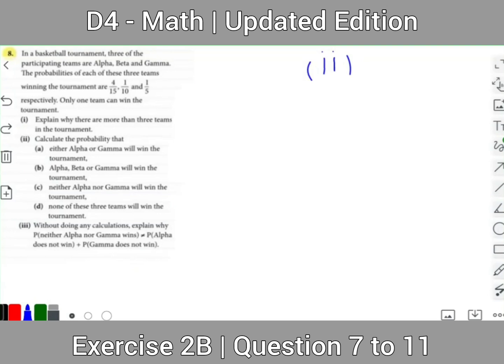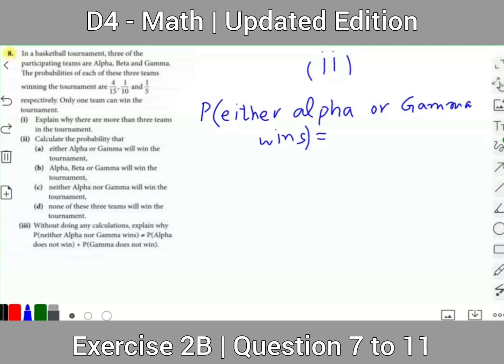So for this, the probability that either alpha or gamma will win will be equal to the probability of alpha winning, add the probability of gamma winning.